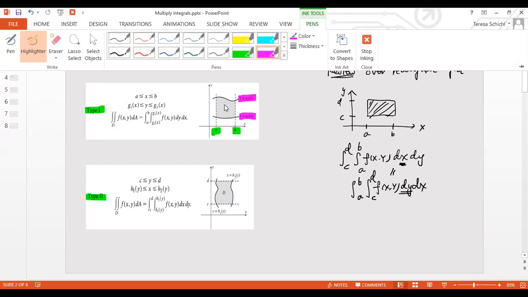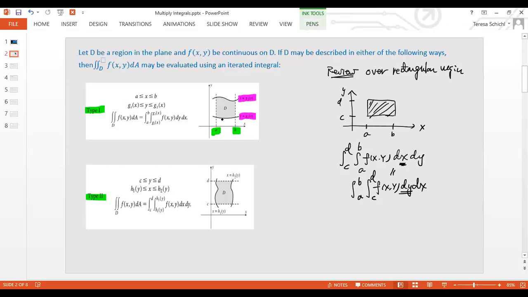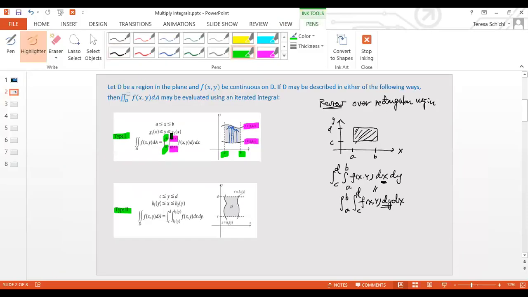For this situation you integrate y first, going from g1 of x to g2 of x, continuously integrating in the y direction. Then you integrate out x, from a to b. This is what we call type 1.